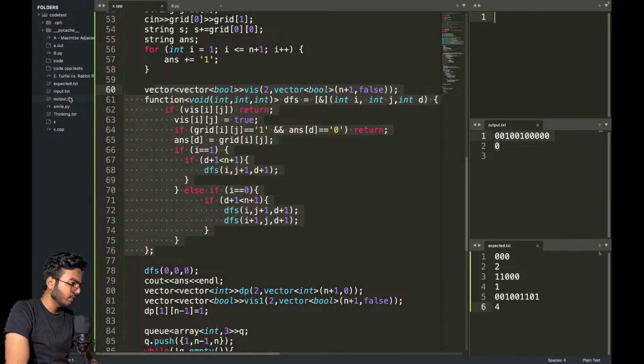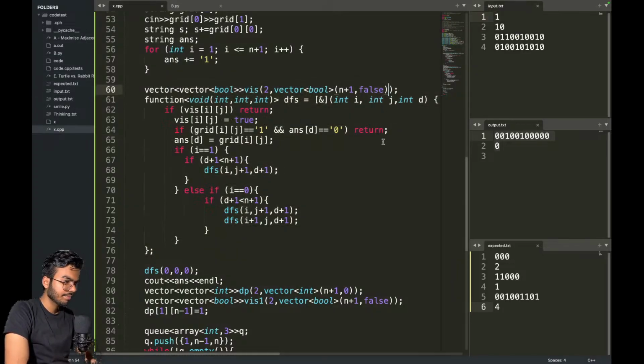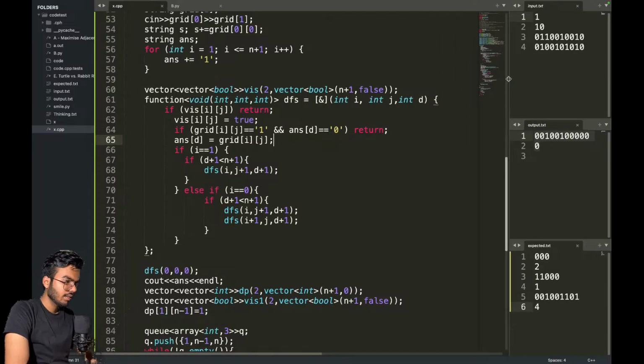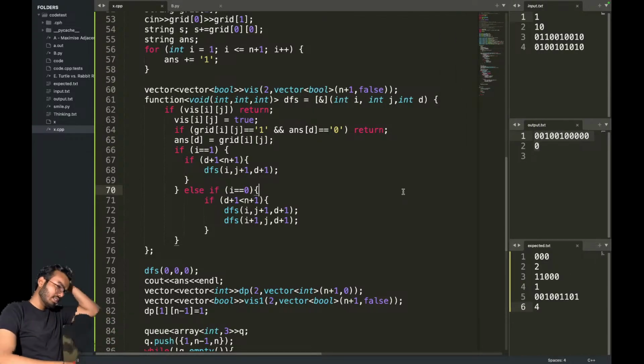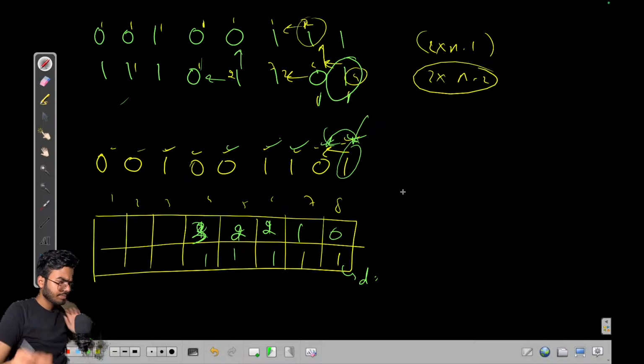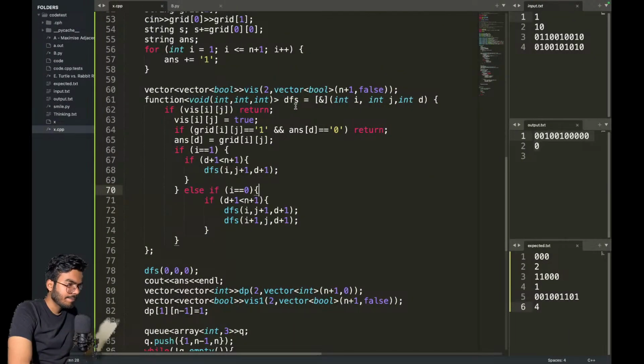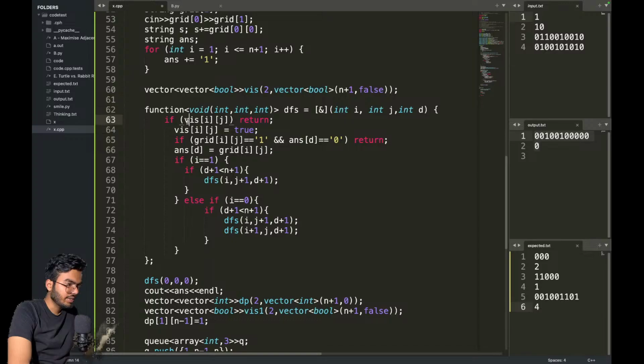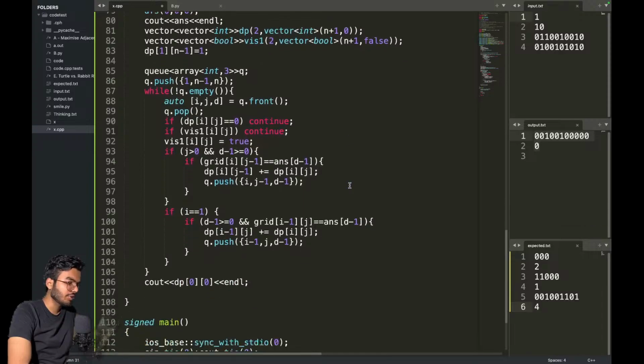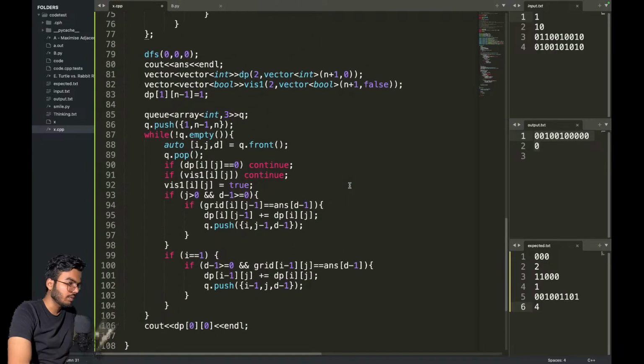So what I will do is, okay, now to calculate the answers correctly, how can I go about this? I have made a visited, and from somewhere I think this is a BFS problem for sure. Yeah, it is a breadth first search problem.